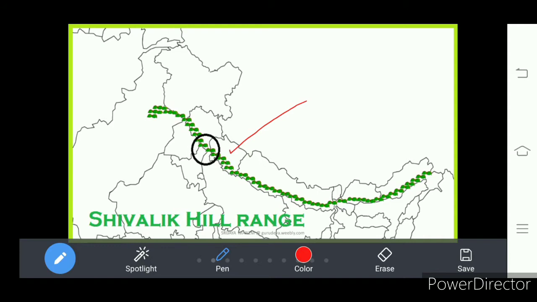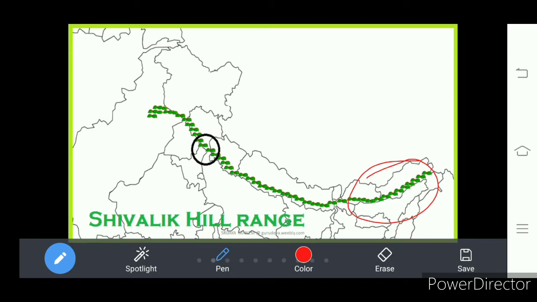Okay, and the eastern boundary of the Himalayas we find at the Brahmaputra. Look at here. This is the eastern boundary of the Himalayas. That is called Brahmaputra Valley. It is in Arunachal Pradesh.